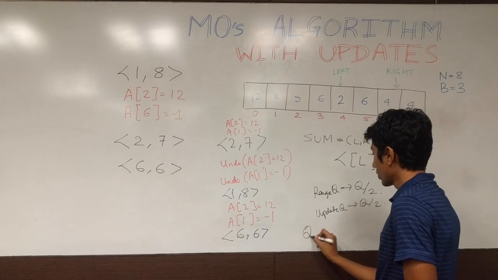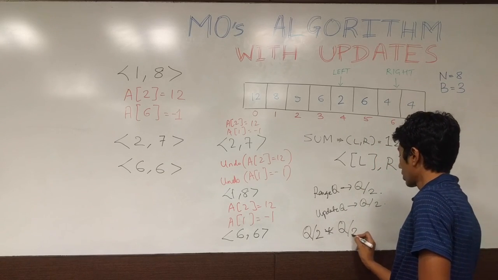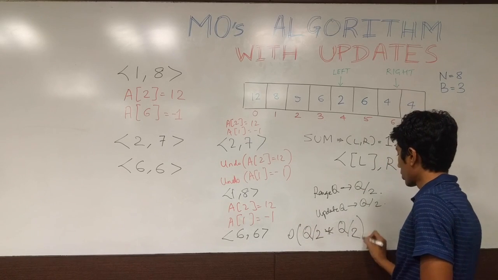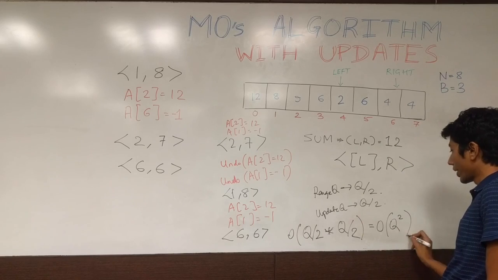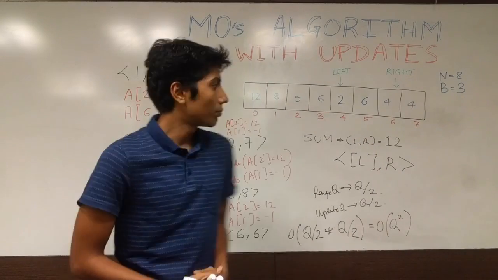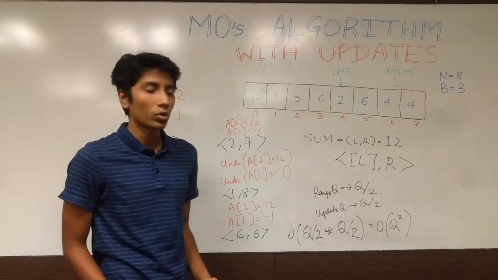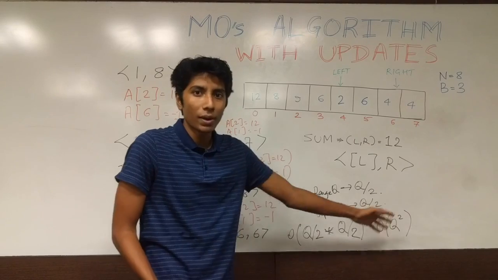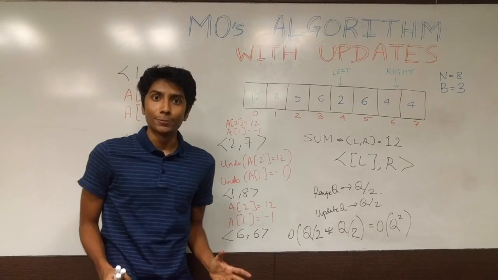So that is q by 2 into q by 2, which comes out to be order q squared. Alright, that is pretty bad. Order q squared is not something that any contest will allow your solution to pass through with that time complexity. So we are looking for something better.